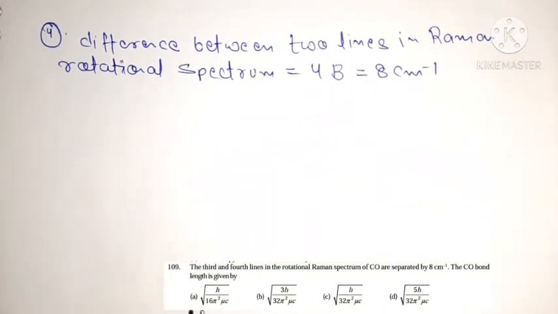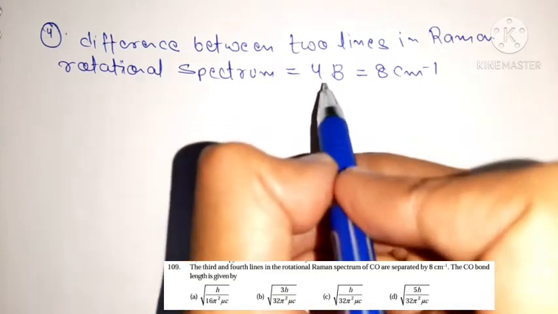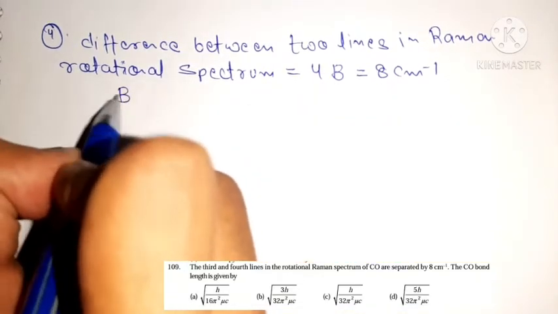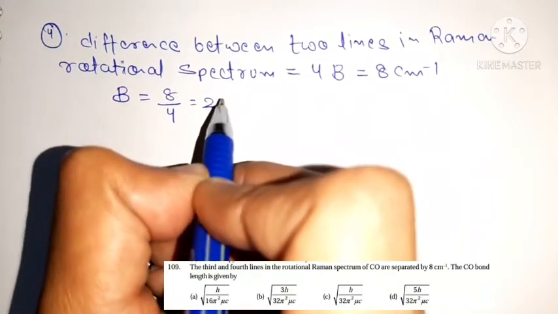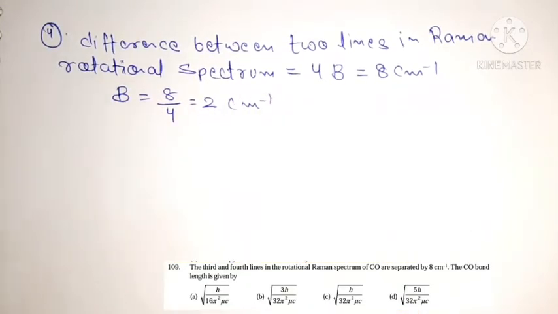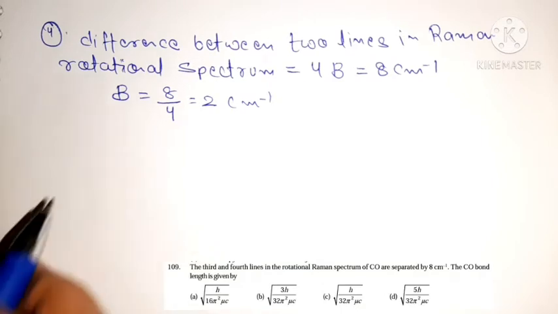That is, 4B is equal to 8 cm inverse. So from this data we have the value of B, that is B equals 8 by 4, which is 2 cm inverse.